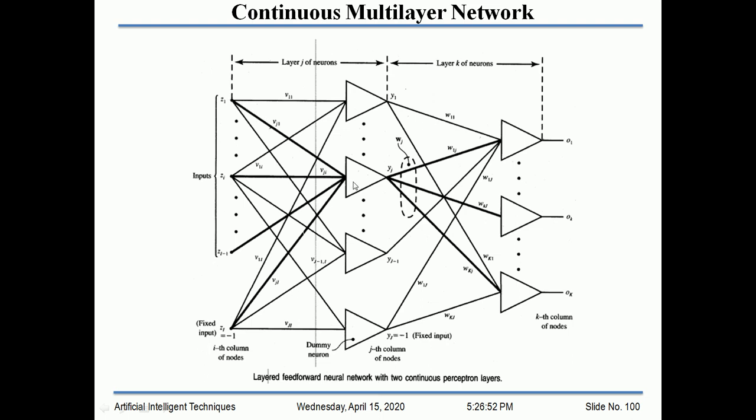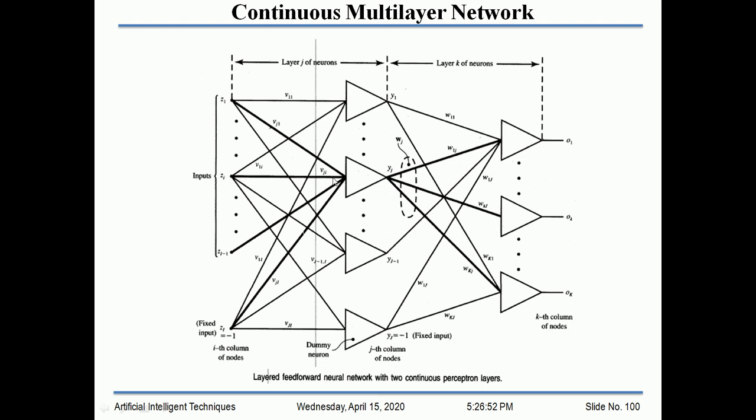So this interconnection, this is the jth neuron, Vj1. See this, so Vj1. And what is this? J minus 1, no? So this weight will be Vj minus 1,1. In the same way, this is the jth element and this is the ith element, Vji.